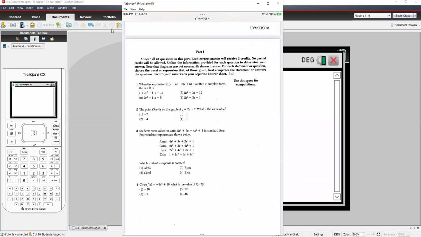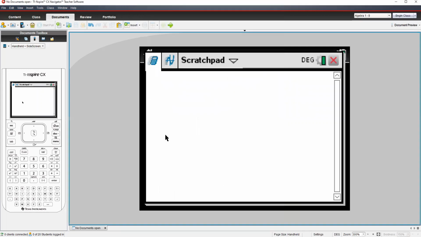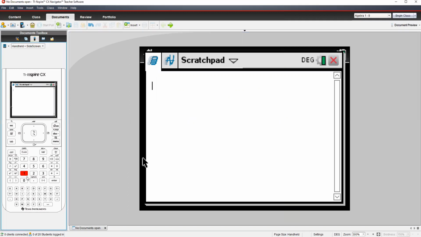So let me show you how we do that. All I need to do is pick a number to use, and the numbers that you should use are any numbers except for 0 and 1. So I'm going to use 1.23, and I'm going to store that into the variable X.